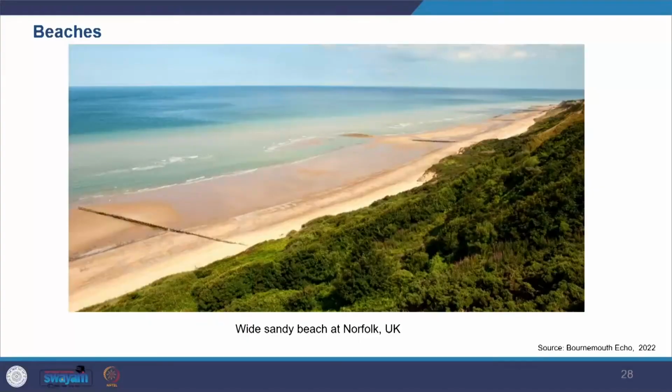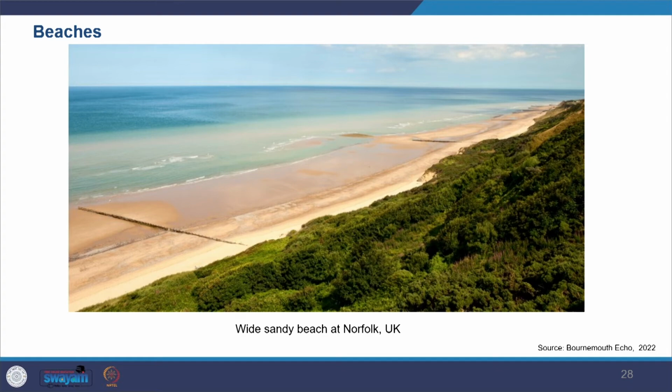The process of sediment deposition leads to a variety of coastal landforms. Looking at some of the landforms created by sediment deposition, you can look at beaches. You are familiar with beaches, so that's one of the landforms. A beach is the accumulation of loose sand or shingle that changes shape in response to changes in wave energy.